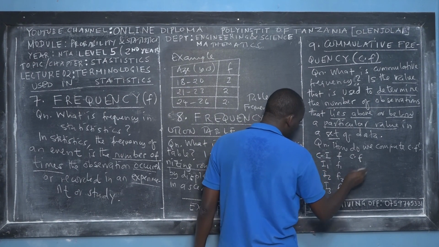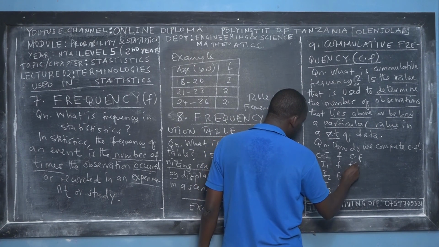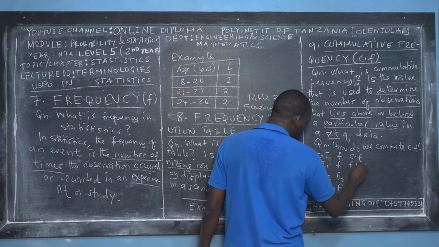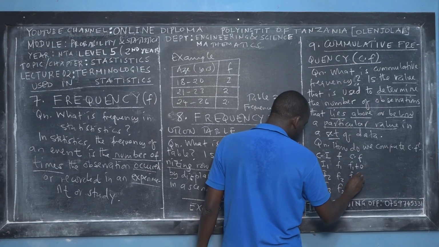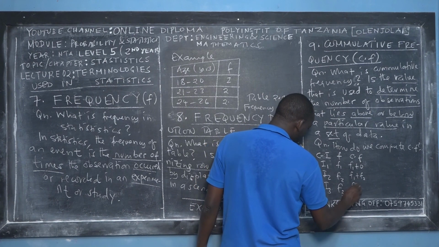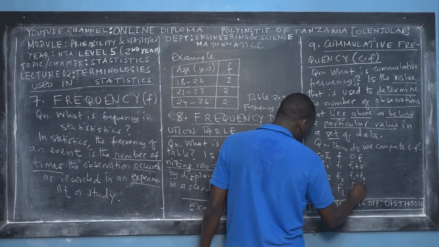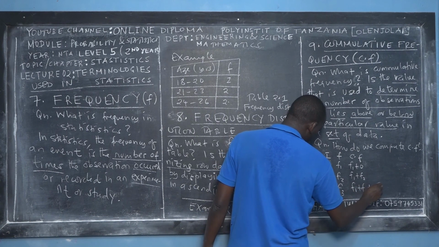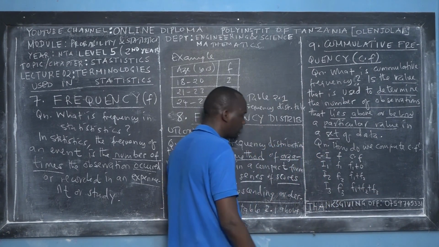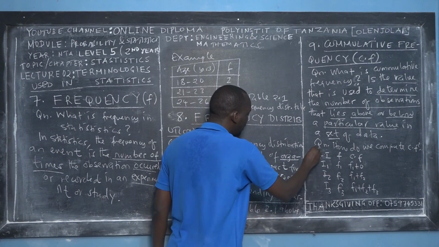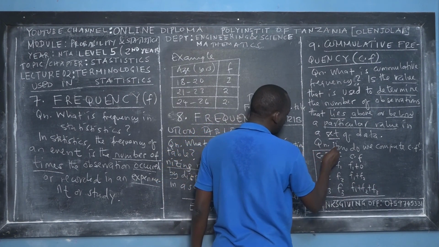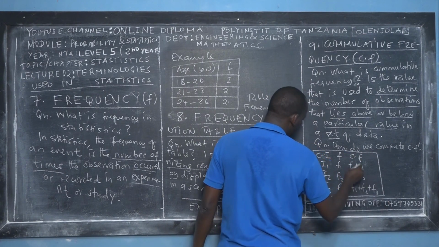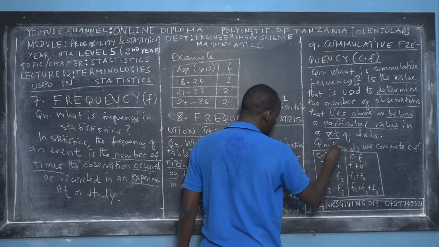The first cumulative frequency will be frequency 1 plus 0. The second will be the first cumulative frequency plus the second frequency. The third will be the second cumulative frequency plus the third frequency, and so on. This is the way we can compute the cumulative frequency, and we'll be taking examples step by step like this.